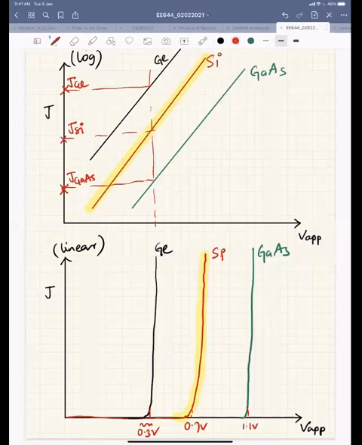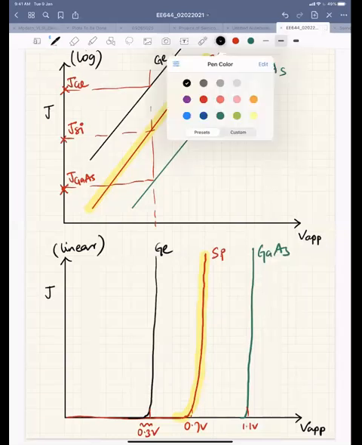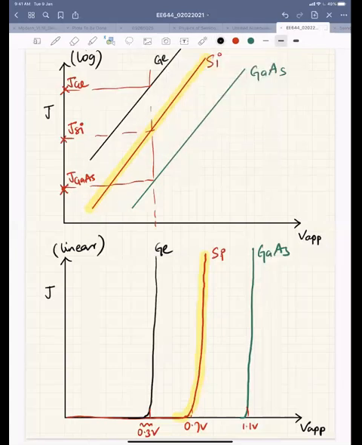This is actually done on the log axis. Let's say I want to see at what voltage your diodes give 1 microampere per centimeter square, or microamperes per micrometer square, of current. If you take a constant current point, I could define this as my constant current J0, or JC, J constant.